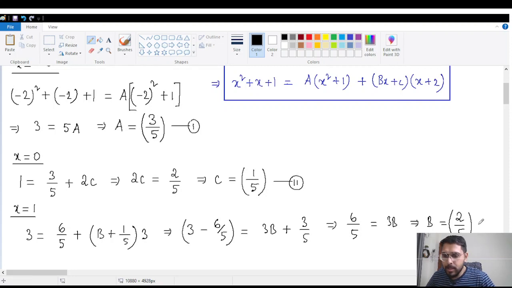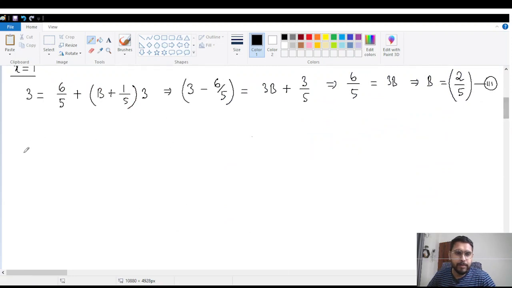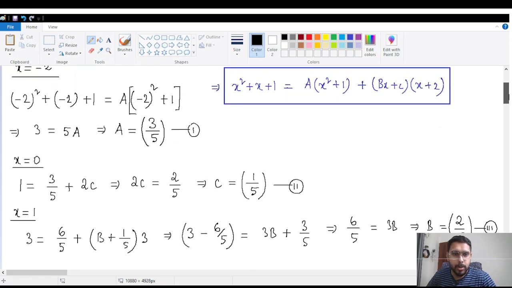Now this is one of the major steps that we have already covered. Now we will have to break it down in this format and try to solve this one. So integration of x square plus x plus 1 over x plus 2 times of x square plus 1 dx. This can be given as, the constants will stay outside the integration because constants don't participate.